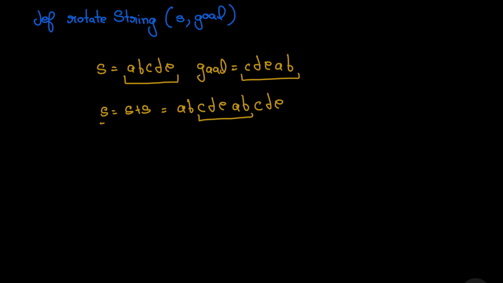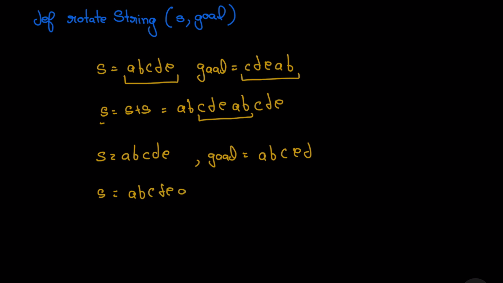Let's see another example, where S is equal to A, B, C, D, E, and goal is equal to A, B, C, E, D. Now let's do the same thing again. S becomes A, B, C, D, E, A, B, C, D, E, and the goal is the same.